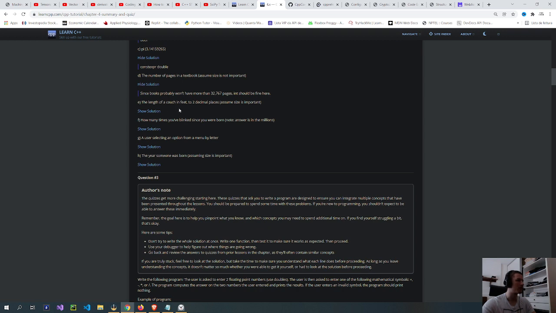The length of a couch. Oh yeah, so uint8. I thought uint8 was capable of holding only 256 values, so maybe I'm wrong about that.